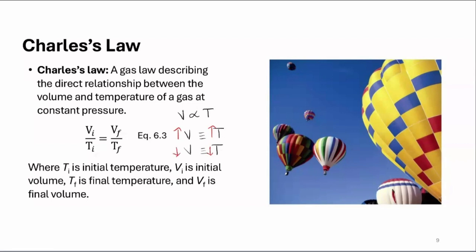One of the best examples for looking at Charles' law is the idea of hot air balloons. In hot air balloons, we have a device that heats up the gas particles of air that we have in the atmosphere.